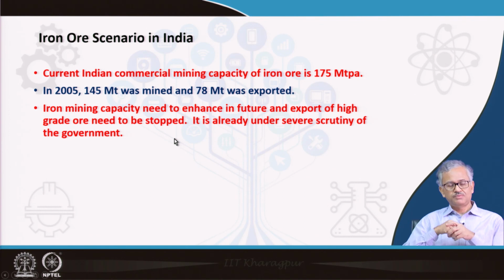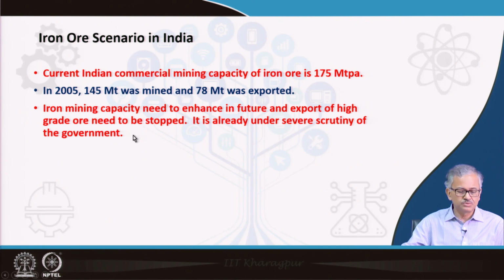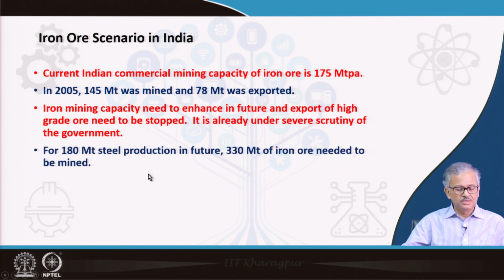Some companies were just exporting the high grade ore abroad, and that should not be there. That is totally stopped, and it is already under severe scrutiny of the government.